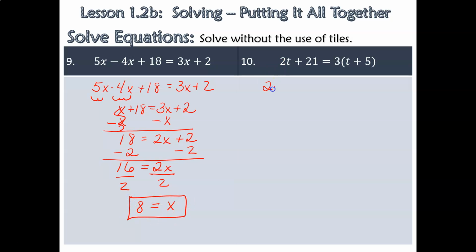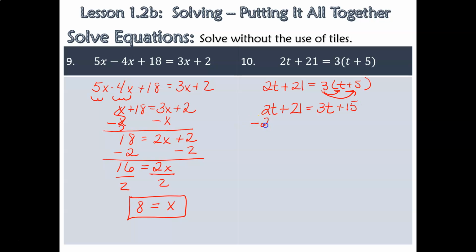All right, moving right along here. So here we have parentheses, so we need to do step 1. So we have these t's look like pluses. So I have 2t plus 21 equals 3 times t, which is 3t. 3 times 5, which is 15.